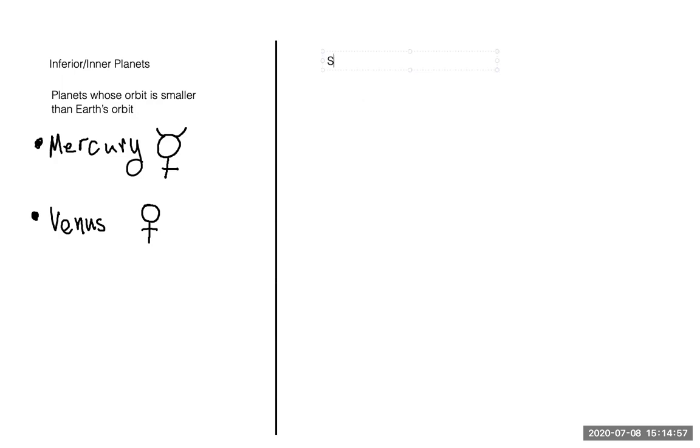The superior planets, or outer planets, are just planets with a bigger orbit than Earth's. Here we have all of the rest.